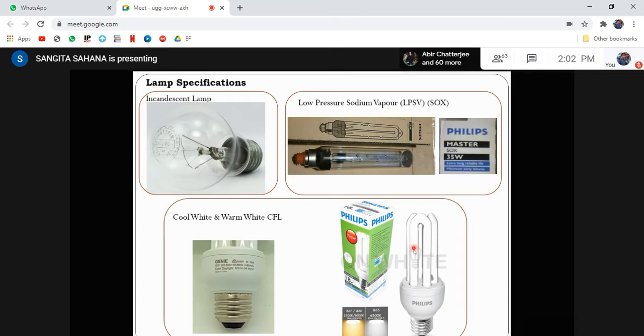In this CFL, we cannot say whether it's cool white or warm white. But from the specification, cool daylight, we know that it will be something more than 4000 Kelvin, or it will emit bluish white. And if something like 2700 or 3000 Kelvin is written over the lamp, it will emit the yellowish light or the warm white light.